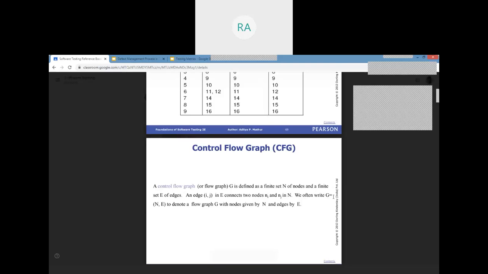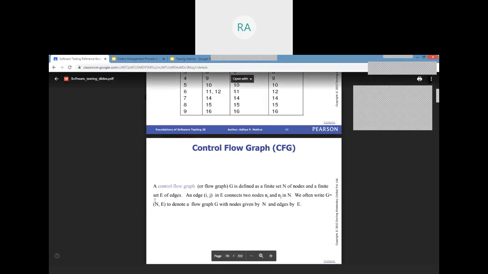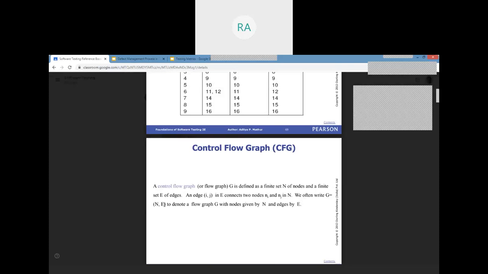We often write G = (N, E), where N represents nodes and E represents edges, to denote a flow graph G with nodes given by N and edges by E. So in short, what you are supposed to know is control flow graph G is defined as a finite set of N nodes and E edges. That's it.